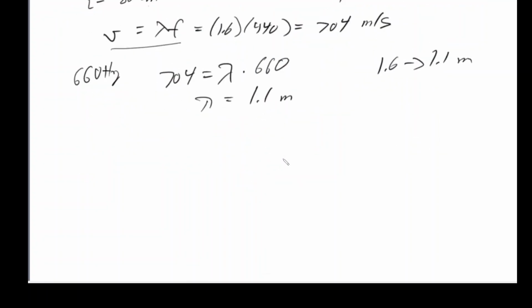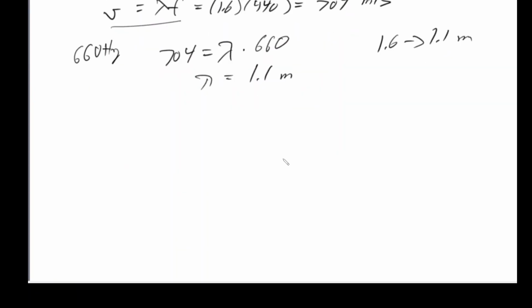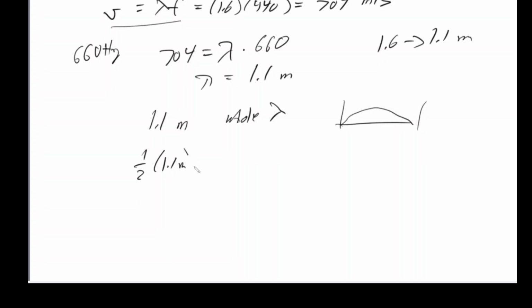So we need to remember that that 1.1 meter is a whole wavelength. And again, we're looking at a fundamental frequency, which is half a wavelength. So we need half of that, or 1/2 times 1.1 meter. So that would be at 55 centimeters.